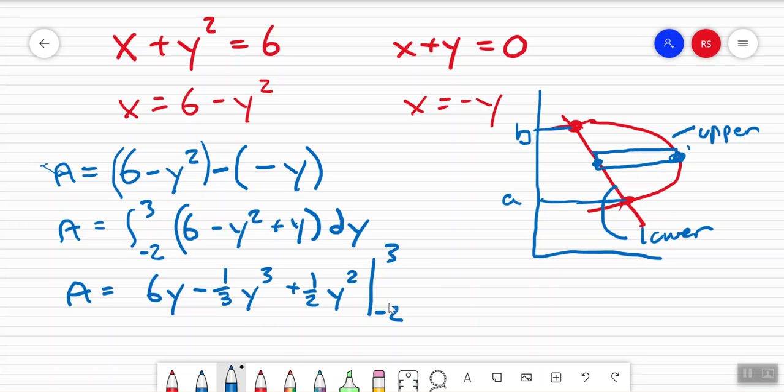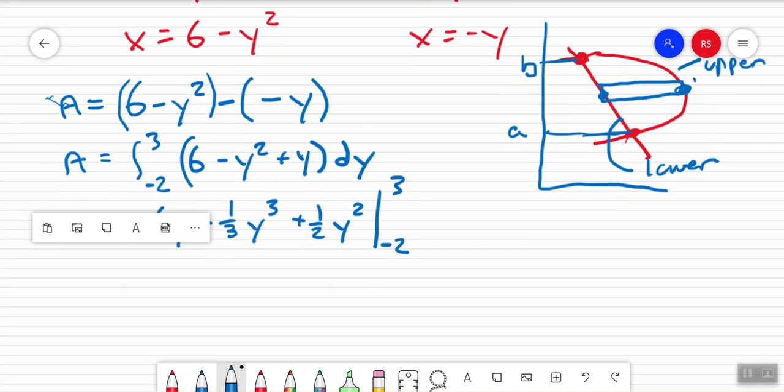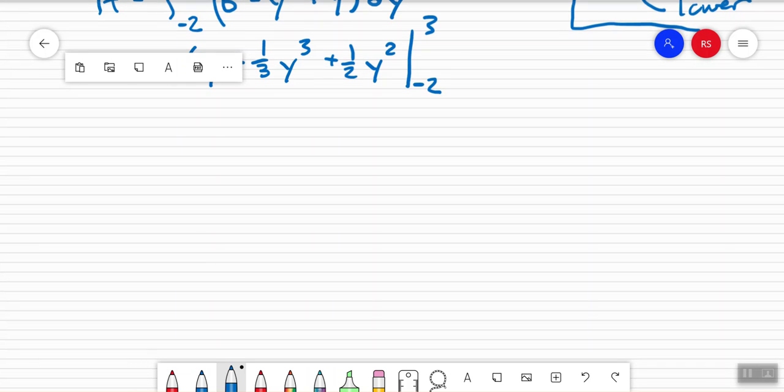Well, this is where we simply get into a lot of arithmetic now, so we got to be real careful with our arithmetic.